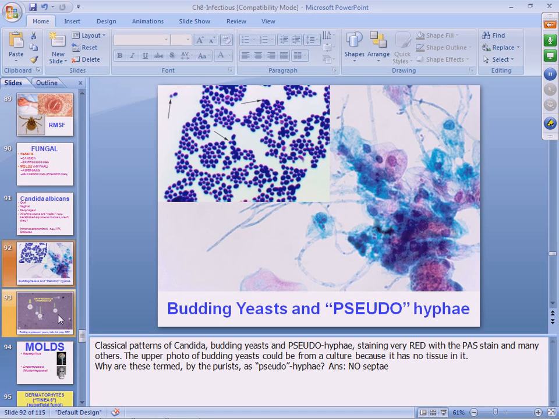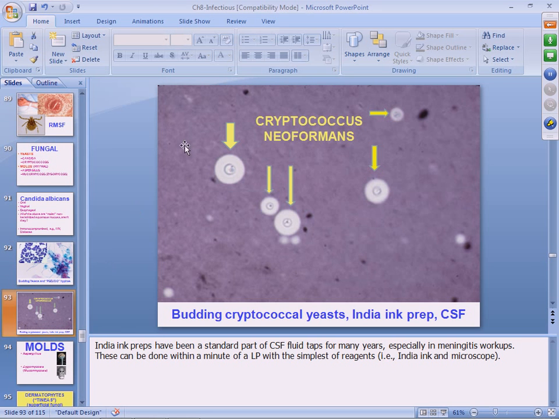Here's a Cryptococcus. And once again, an extremely easy India ink prep. One drop of regular old India ink from your art store, one drop of spinal fluid. And if you see these round organisms with a large clear zone around them, the clear zone being about three times bigger than the actual organism itself, you know that's positive for this yeast, Cryptococcus neoformans.